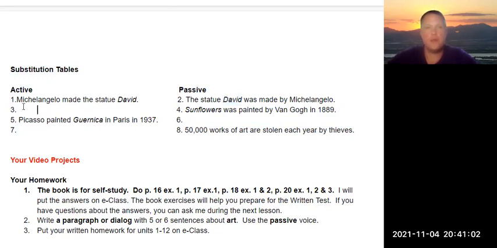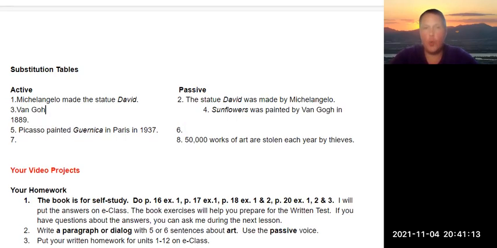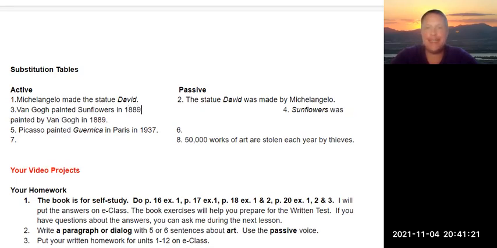Sunflowers was painted by Van Gogh in 1889. Van Gogh painted sunflowers in 1889.